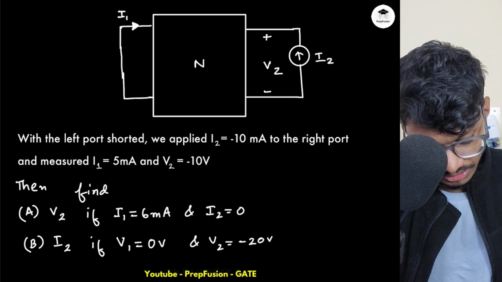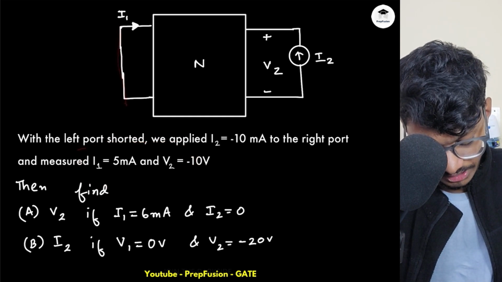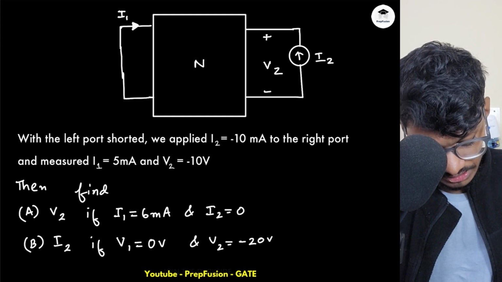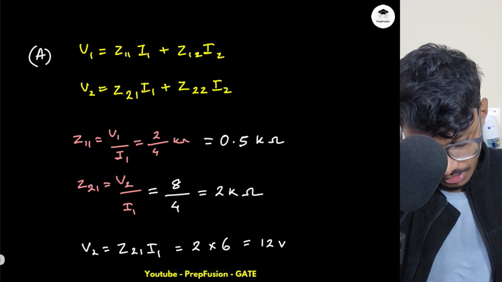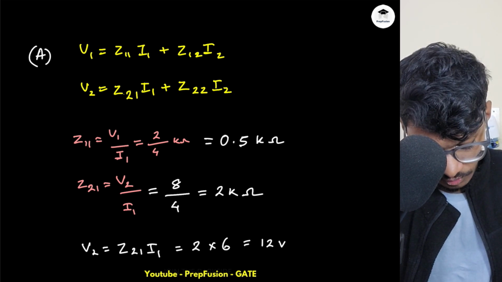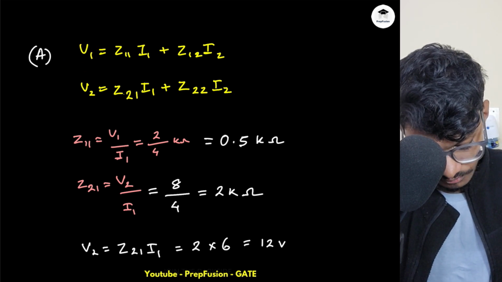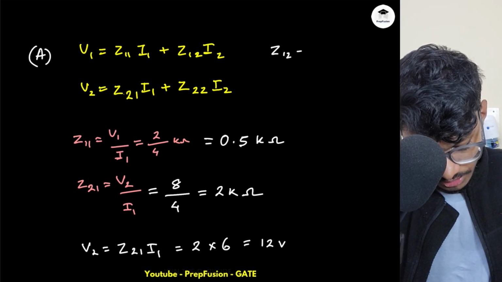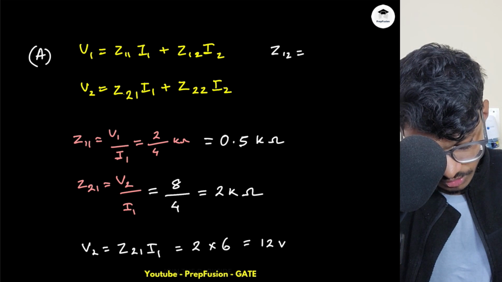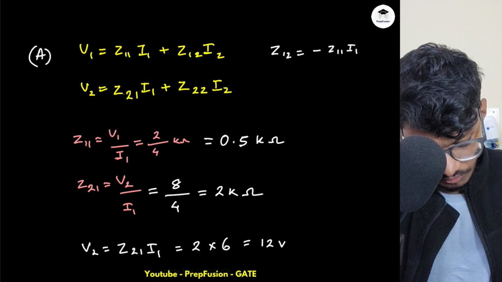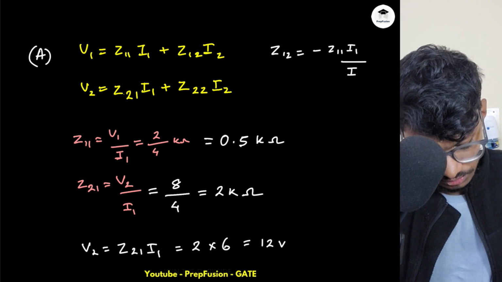If this time my V2 is 0, my V1 is 0 and my I2 and I1 are 5 and minus 10. So in this case, it's the same network. So if my V1 goes to 0, then my Z12 will be equal to minus Z11 times I1 by I2.